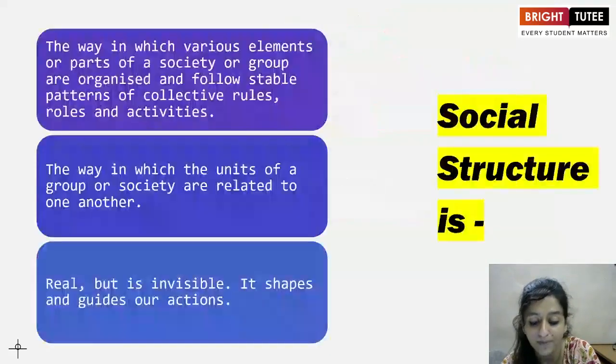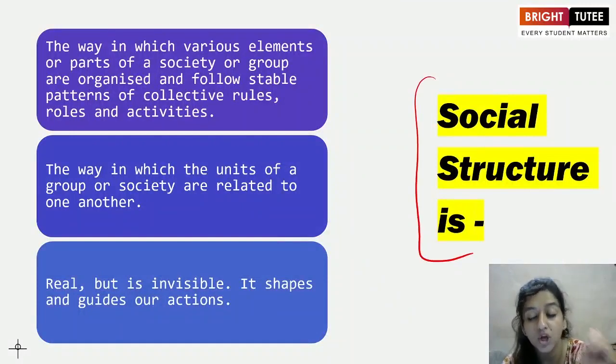Moving on to what, to summarize rather, a social structure is.